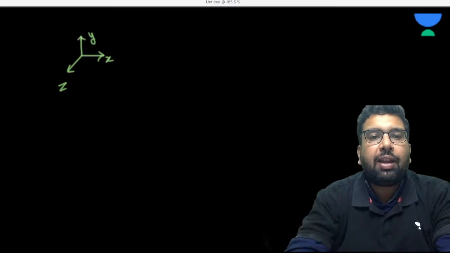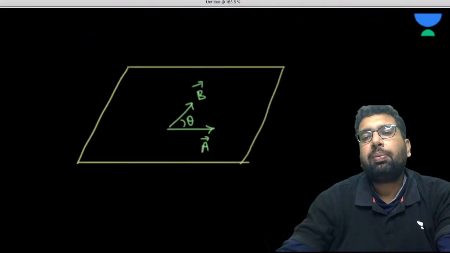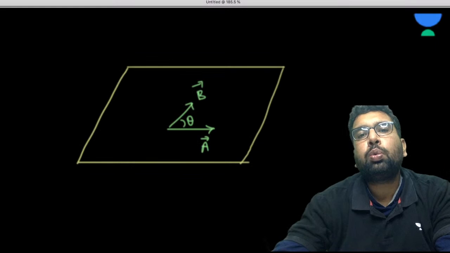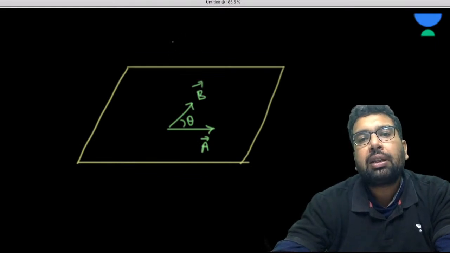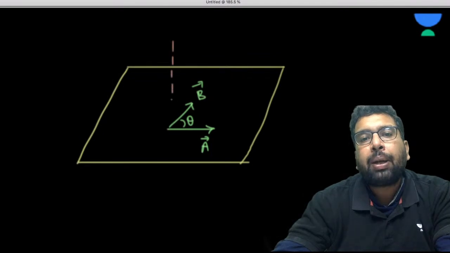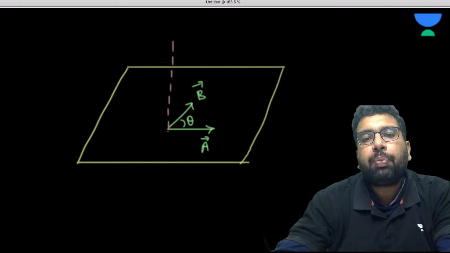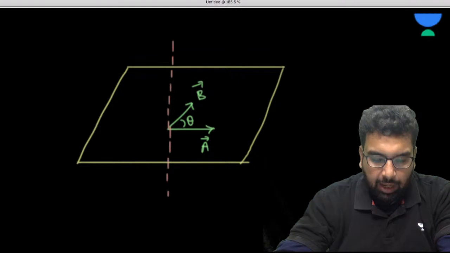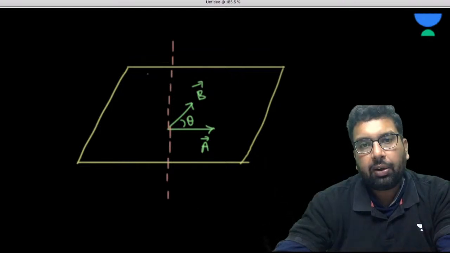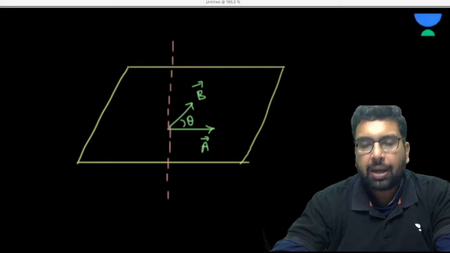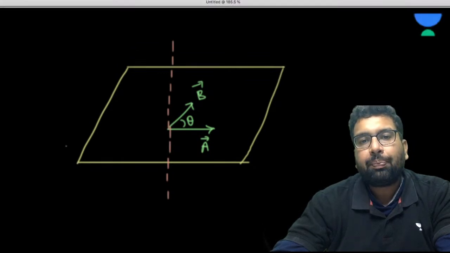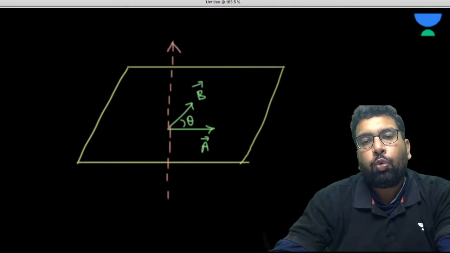Now if we apply this here, let's suppose there is an axis. To every plane in the world, there is one axis that is perpendicular to the plane. Do you agree? So let's suppose this is the axis which is perpendicular to this plane. Now what could be the direction?